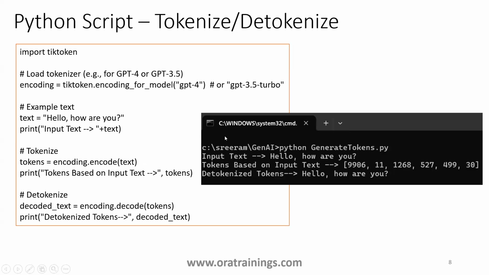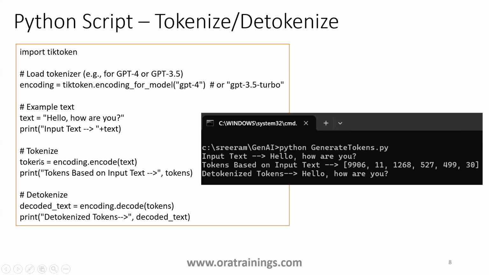Okay. Now we'll see a sample Python script using which we'll understand tokenizing and detokenizing. You can observe here, I am using a package called tiktoken. Here we clearly mention tiktoken.encoding_for_model, so you specify which model you want to encode for. I mentioned GPT-4. And this is my input: text is equal to "hello, how are you", and I'm printing the output also.